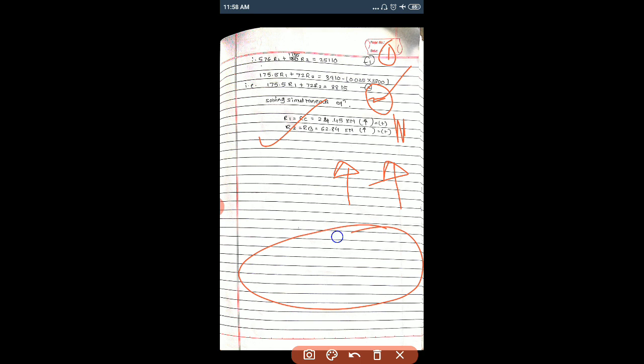Last step is to draw the shear force and bending moment diagram. It doesn't have any change because of sinking. Okay, so this is the problem statement and numerical solution for one end fixed and another end hinge, by considering sinking of the supports.